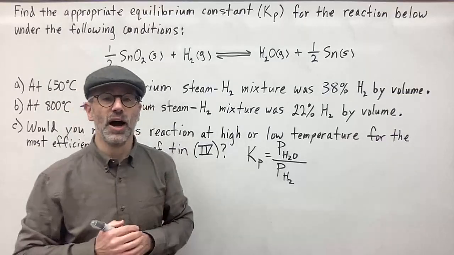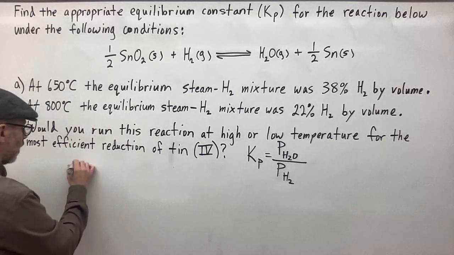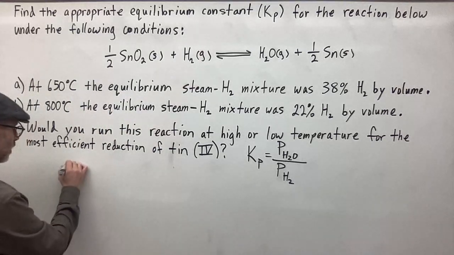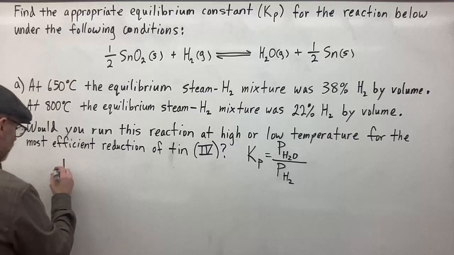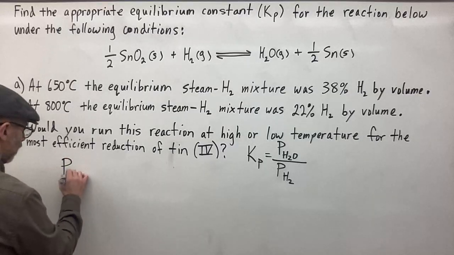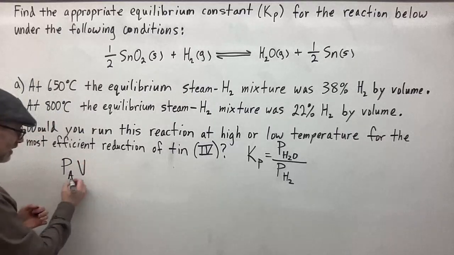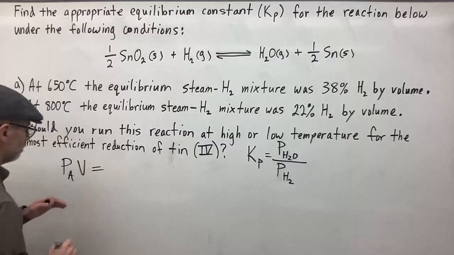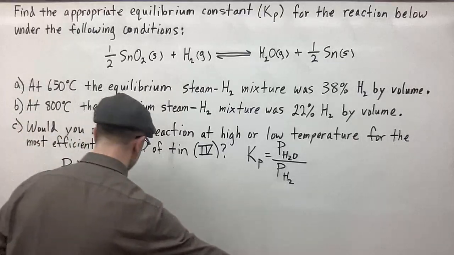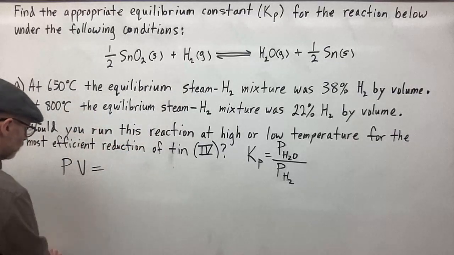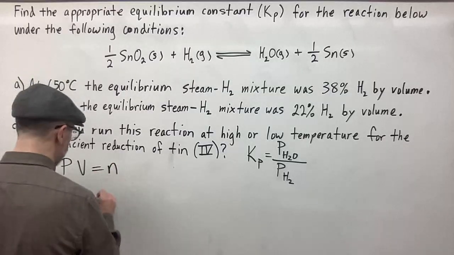So here we can see, if we use the ideal gas law, PV equals nRT, we can compare. If we solve for the pressure of the gas times the volume, since it's the same pressure, we've got the moles.